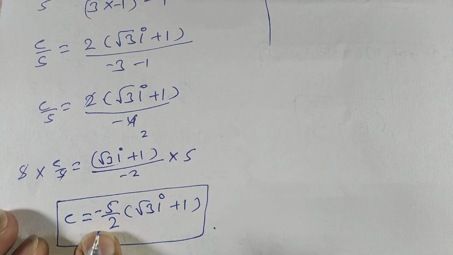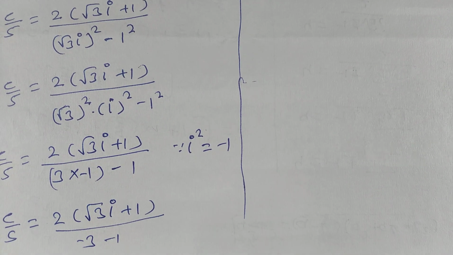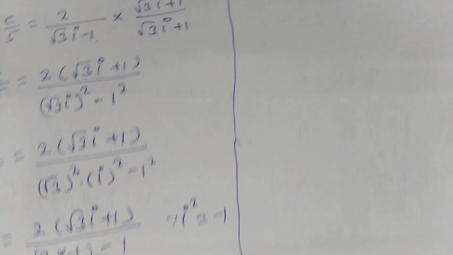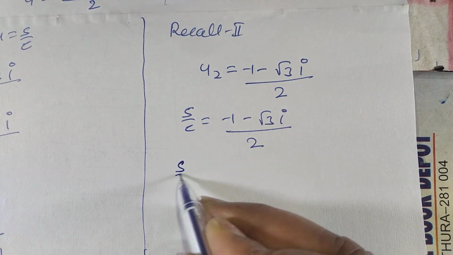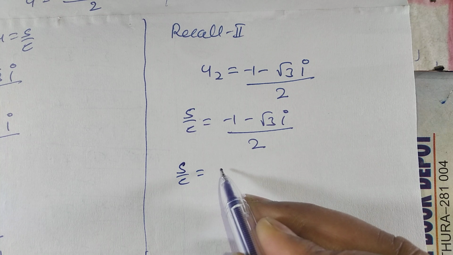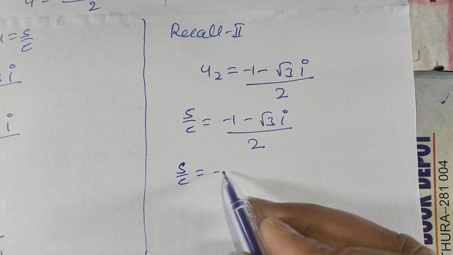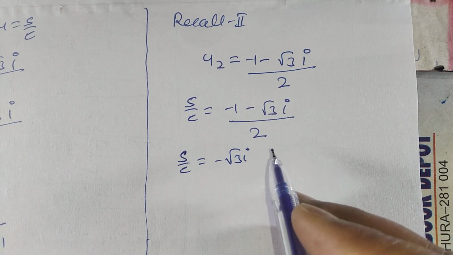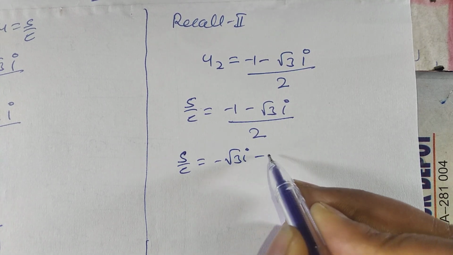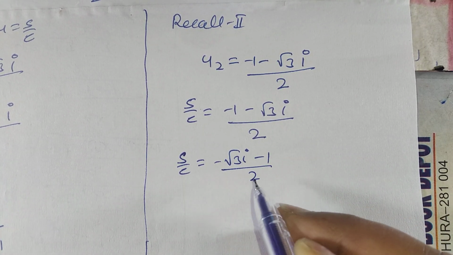We are getting the C2 and solving the another part. 5 over C is equal to minus square root of 3 iota and minus 1 over 2.